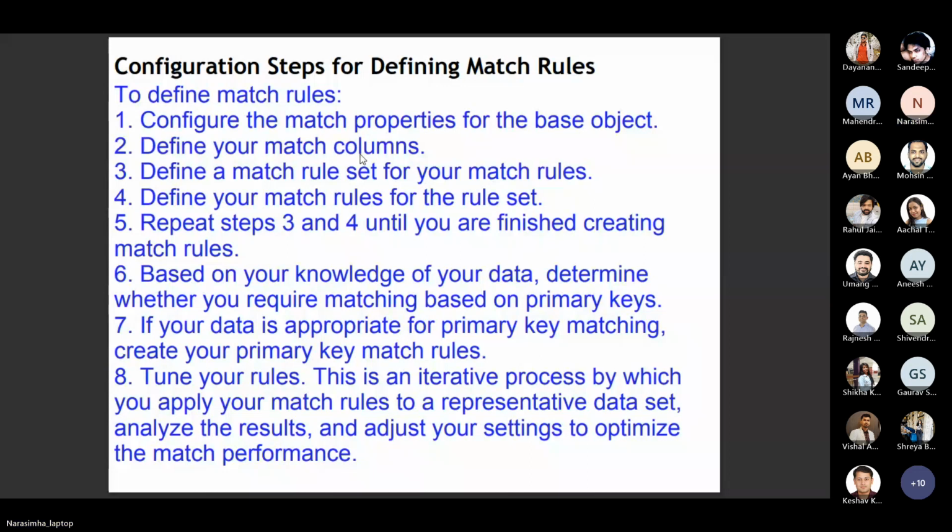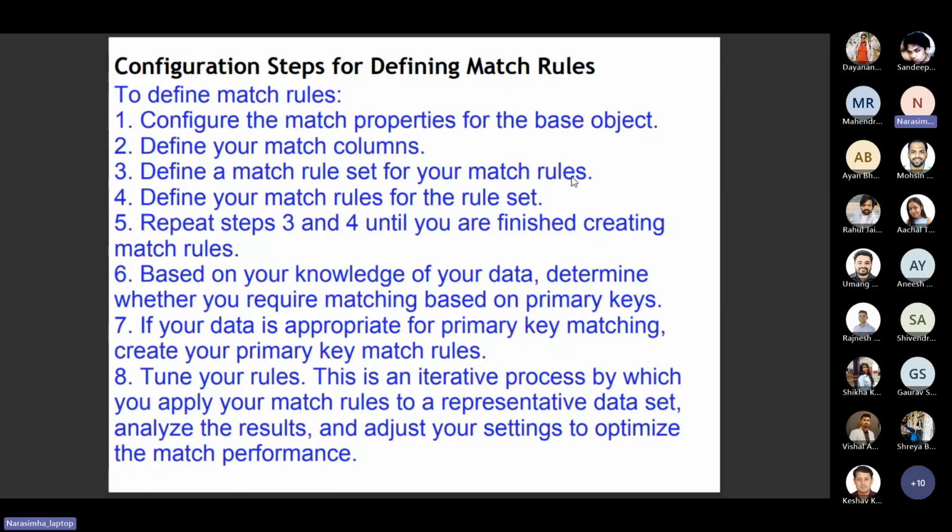Next, match rule set. Based on these 2 columns, let's say we expect the name column as exact. Then we can define an exact rule set, 1 match rule set. Then the match rule is on the name column, and based on the name column we add an exact match rule.